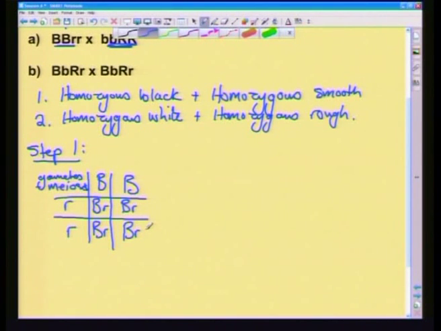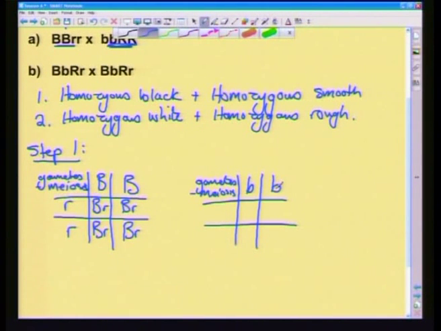And for our second parent, we have our gametes, and we have meiosis taking place, and our meiosis is going to result in a little b and capital R, capital R. So now if I chose B in the front here, I have to do the same here. So b, capital R, b, capital R, b, capital R, and b, capital R.